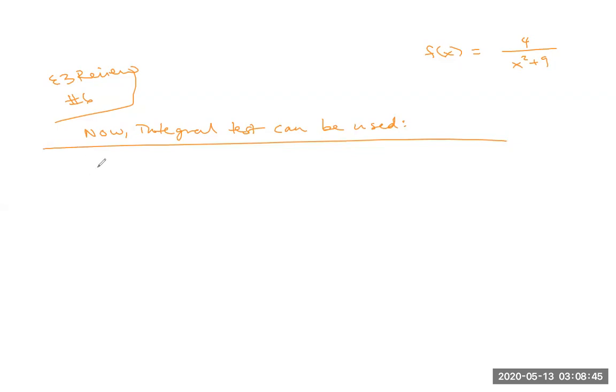So essentially for the integral test, we're checking the integral 1 to infinity of f of x dx, which in this case is 1 to infinity integral of 4 over x squared plus 9 dx.